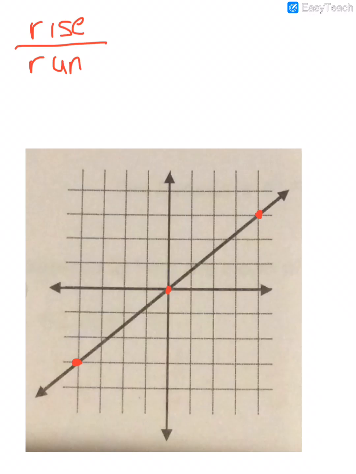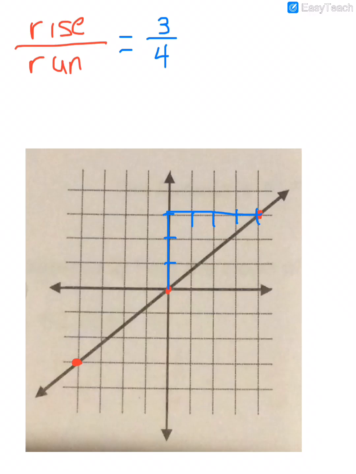So if I count rise over run from this point to this point, I'm rising 1, 2, 3, and I'm running 1, 2, 3, 4. So I made a right angle to go from this point to this point.